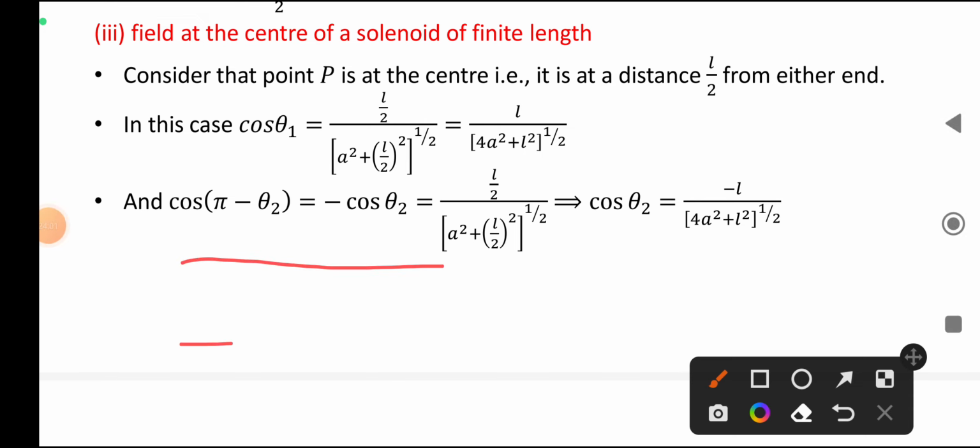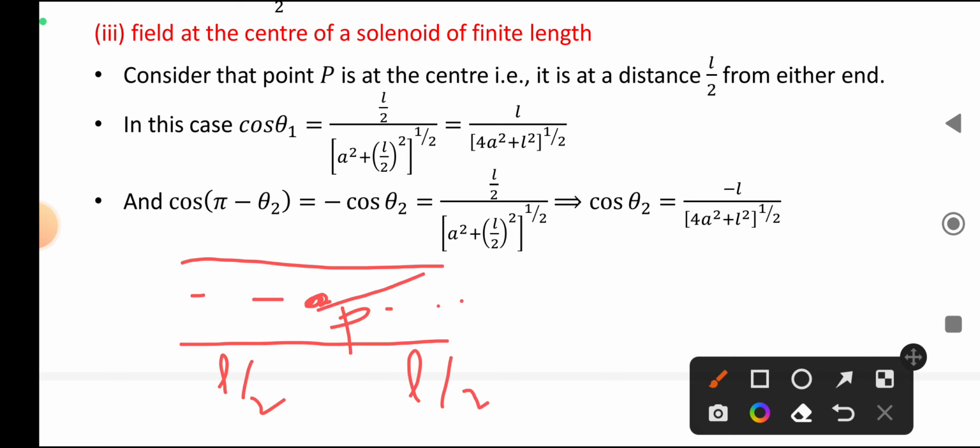What is this? A solenoid of finite length. The point is in the middle, at L by 2 distance from the left end and L by 2 distance from the right end. At point P, this side is theta 1 and this side is theta 2.